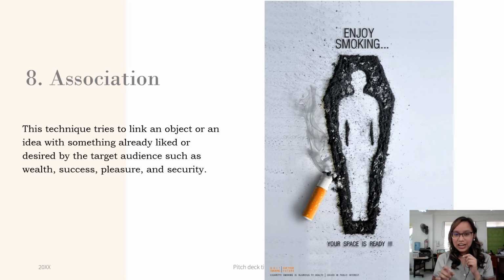For example, here, there's a cigarette, and then there's a man inside the coffin. So it says here that cigarette is associated with death. So that's an association. So the more that you associate a certain thing, the more that you will persuade others to side on your side.